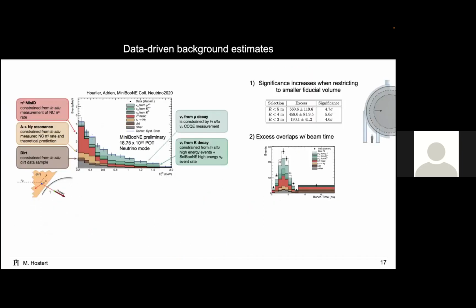And then you can ask yourself questions about the backgrounds. Several of these backgrounds are data-driven estimates. So you can measure them with some sideband sample and extrapolate them to the signal region. One good example is the pi0 background.